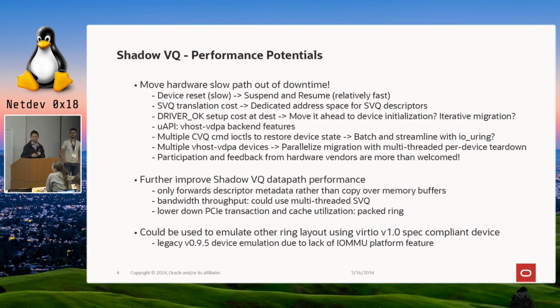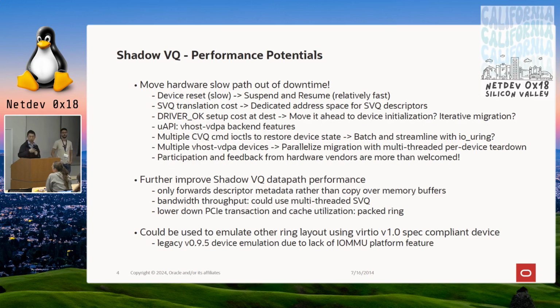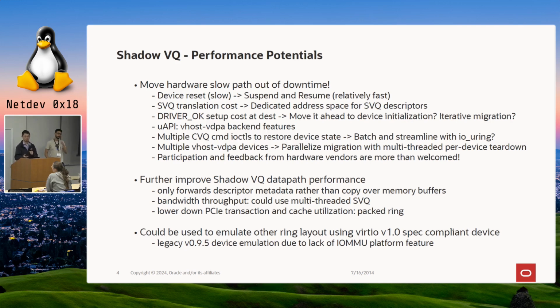Maybe we can streamline that with one single shot of message, with a ring or similar interface from user space, from QEMU to the kernel, to batch that or make it more synchronous.